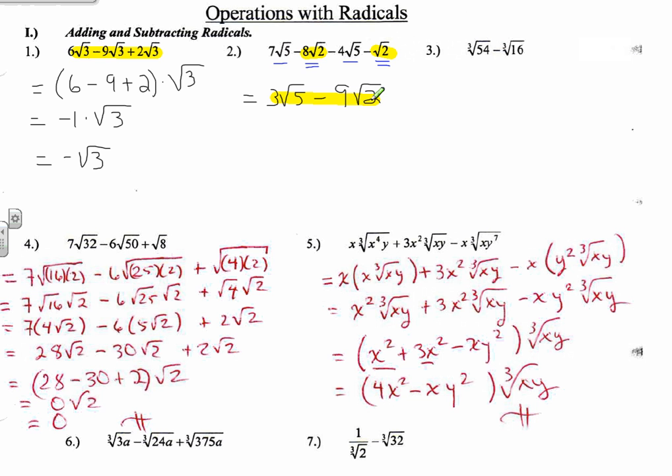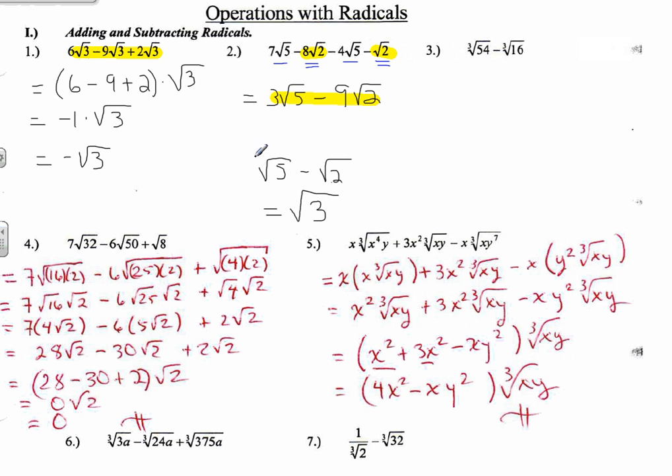Remember, you're only allowed to combine like radicals. So just to drive that point home, just a reminder here, if I were to take radical 5 and subtract from that radical 2, I cannot subtract the radicands, 5 take away 2 and get 3.